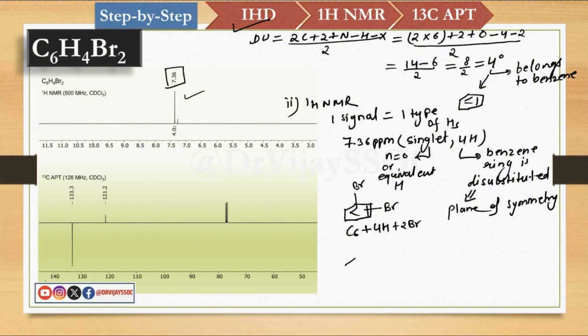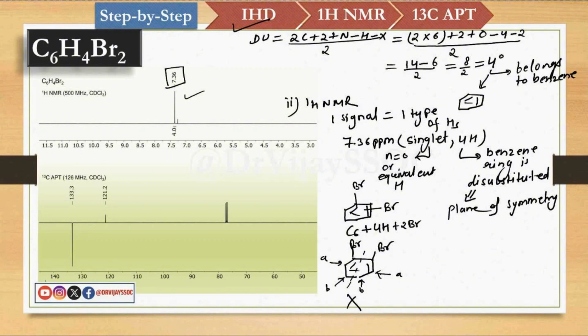The first possibility is that the bromo groups are ortho to each other. In this case, you will have 2 types of hydrogens. One is this type of hydrogen, another is this type of hydrogen. So hence this could not be the correct structure of this compound.